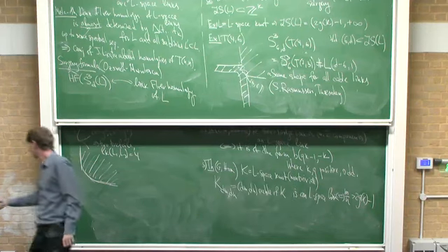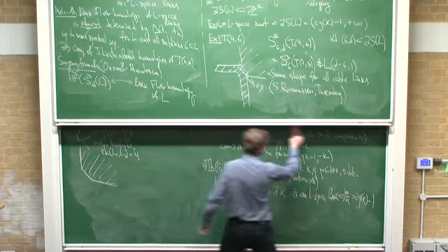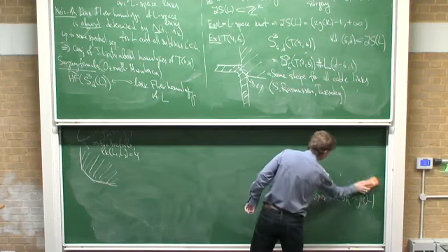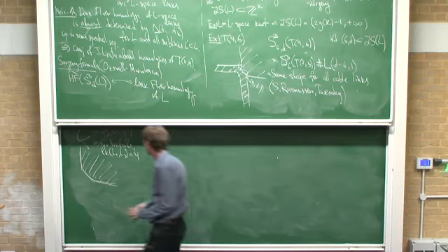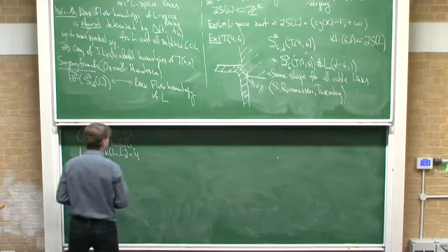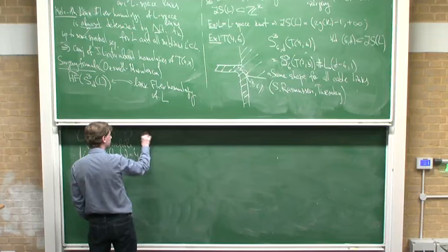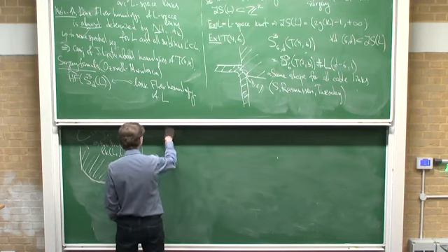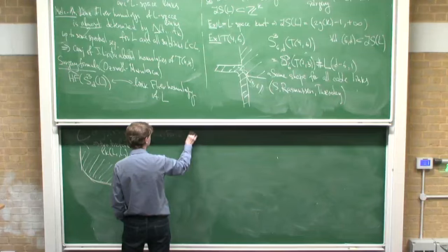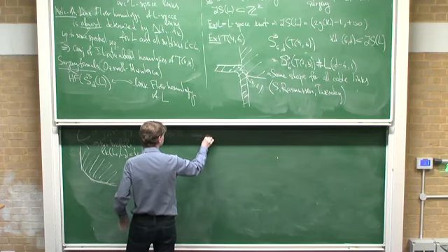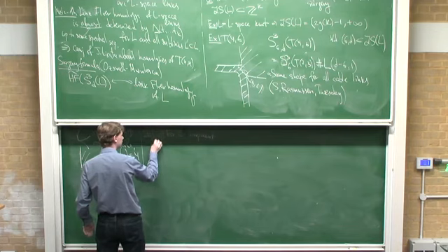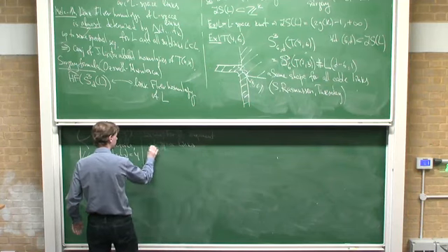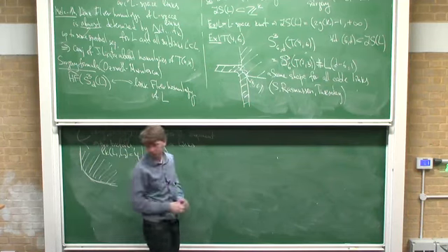And maybe I should mention, to add confusion, there is a theorem of Liu in the same paper, which says that for two-component L space links, LS of L is completely determined by the Alexander polynomial.